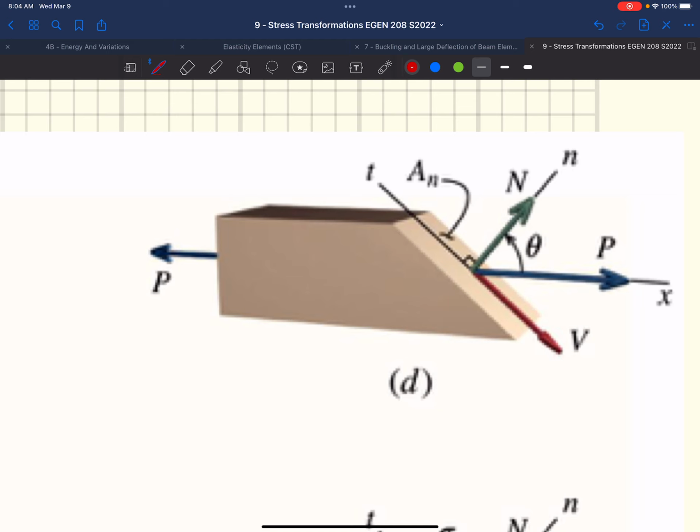So if we start looking at cutting this material on surfaces that are no longer perpendicular to the applied load, then we start getting both shear stresses and normal stresses, right?